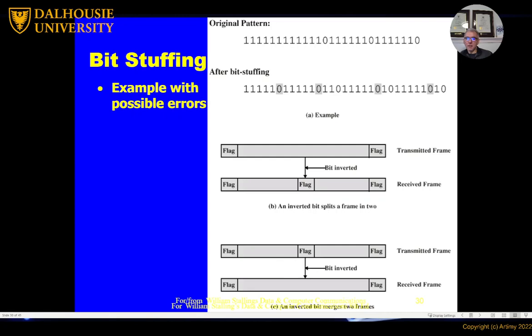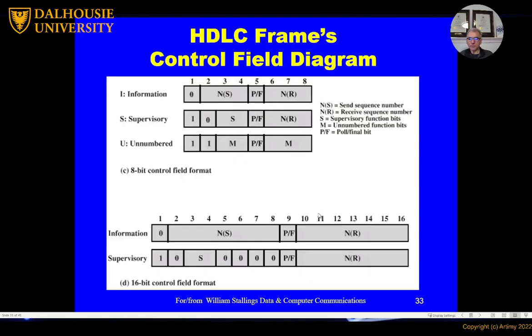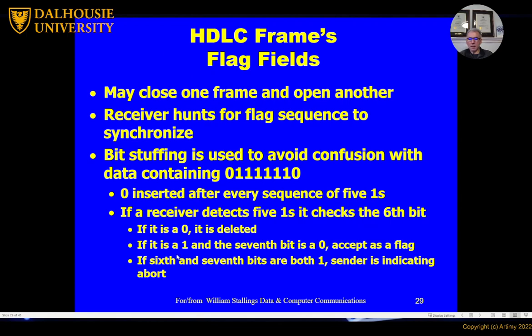If there is a 1 and then 0, this means that I have 6 ones and 0, which means the flag, and I will assume that this is the end of the frame. If I see 6 ones, but then there is no 0, there is another one after that, then I abort. I say, well, this is a possible error, I cannot handle that. You'll see here all of these scenarios written here.